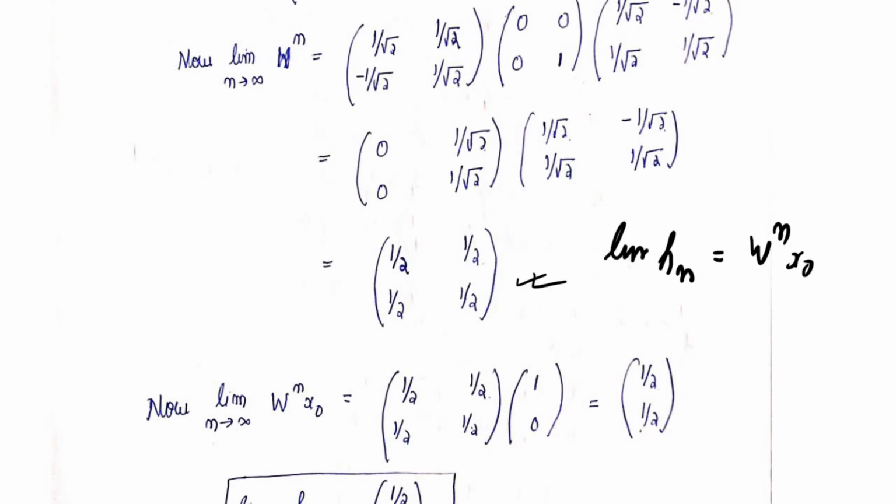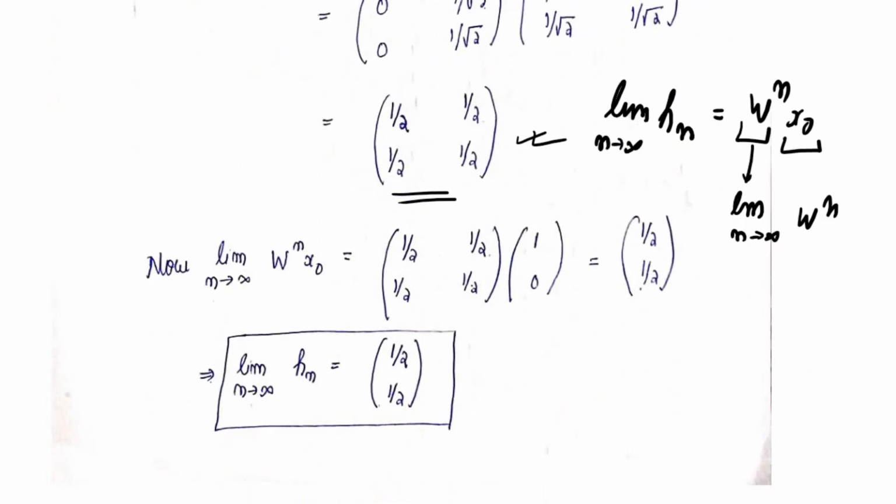We take the limit with n tending to infinity. x naught is a constant, it won't be affected. We need the limit of W raised to n, which we just found over here. We just substitute it and we get the limiting distribution of Hn as half and half. So it will converge to two values which are equal. So that was it for this question.